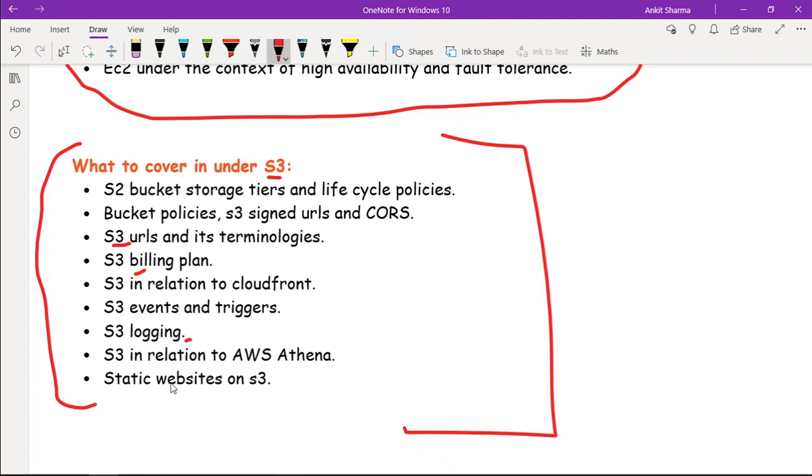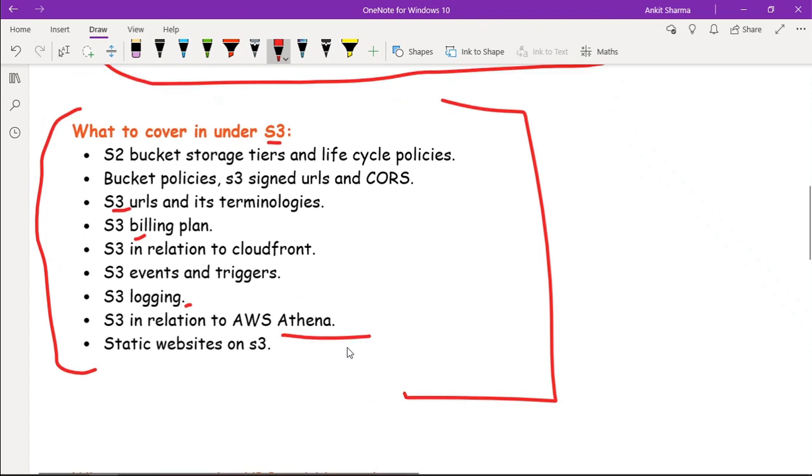And the next would be related services like Athena. You can use Athena in parallel to S3, and you can load the logs which are stored in S3 into an SQL table and run queries to see who accessed your S3 bucket and what the response code was and everything.